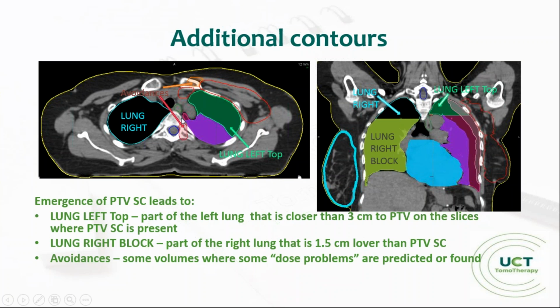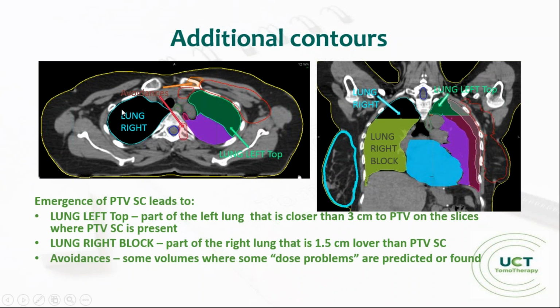Also I created two avoidances. Here I created this avoidance to prevent the system from putting a lot of dose in this direction, because I knew that it will do this, and also this one too, because when PTV supraclavicular emerges, the system will try to put a lot of dose in this direction.